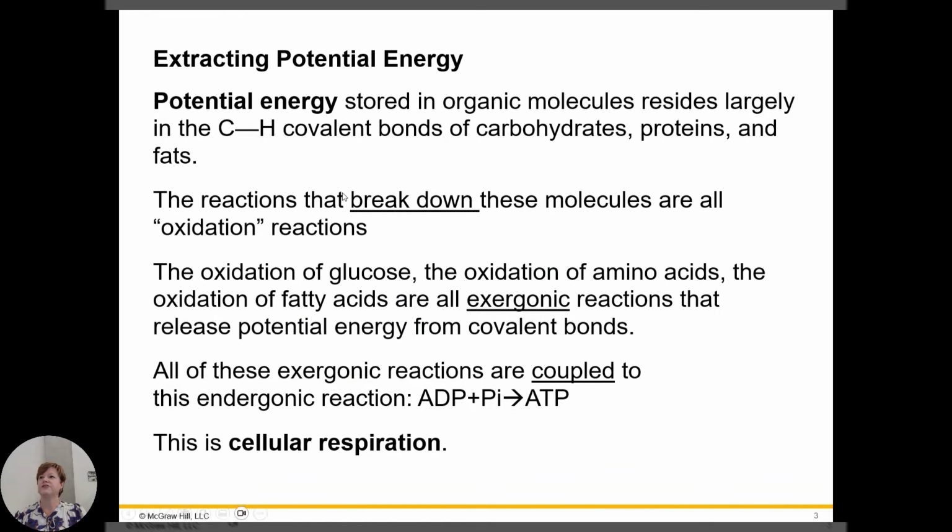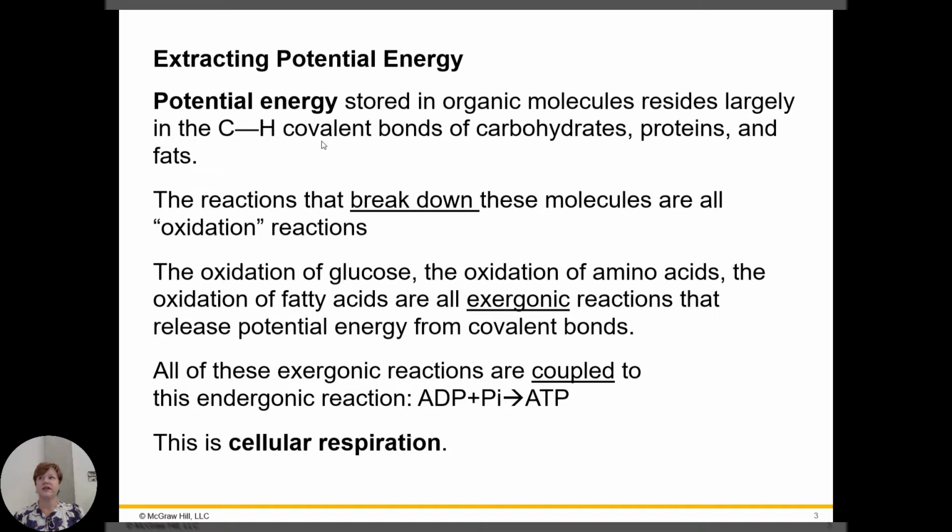So potential energy is stored in organic molecules in the covalent bonds, particularly in the carbon to hydrogen covalent bonds. And we know that carbohydrates, proteins, and fats have these covalent bonds in them, and they are what holds that potential energy. Reactions that break down these carbon to hydrogen covalent bonds are called oxidation reactions.